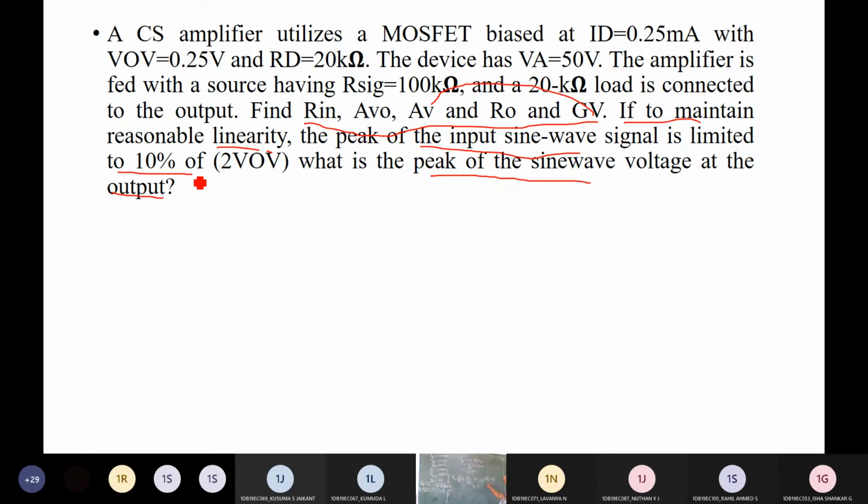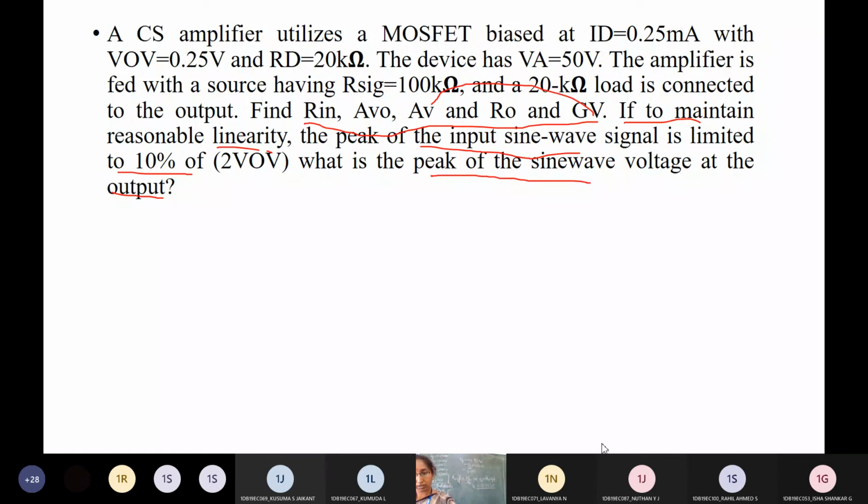Av is known, 19.04, into VGS 0.05. 0.952. 0.952 volts.